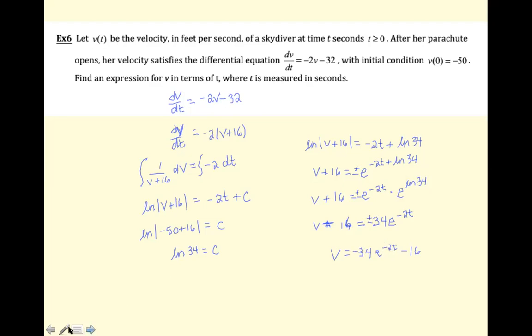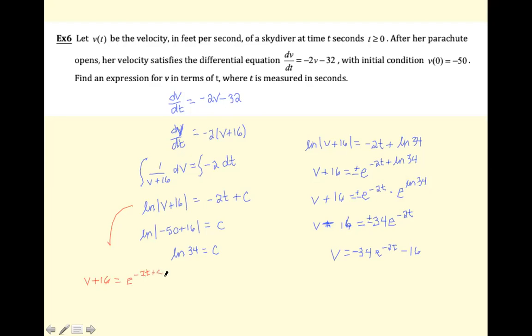I'm just going to show you another way that maybe would be less confusing. If at this level, before I put in my initial condition, I had exponentiated both sides, I'd have v plus 16 equals c e to the negative 2t. I think this is how I did it the first time and didn't have that error.